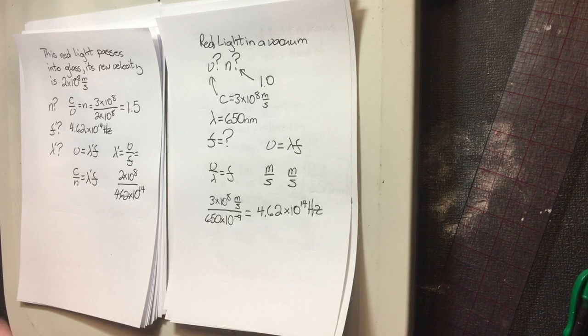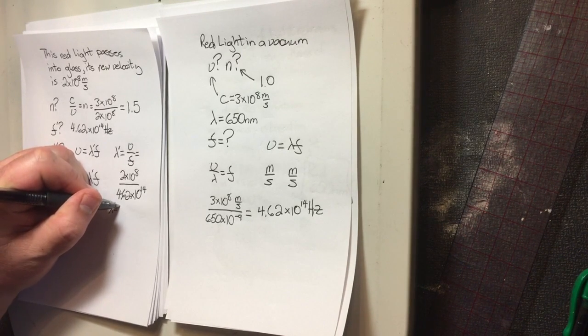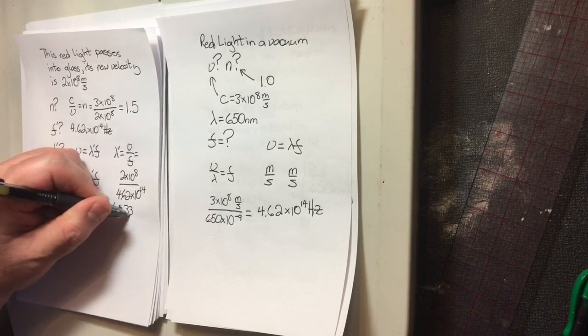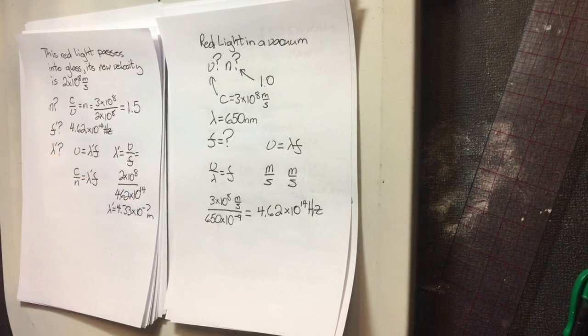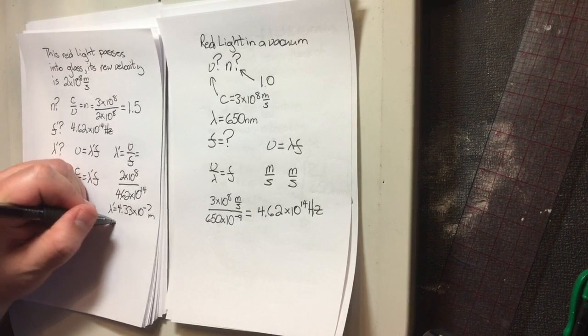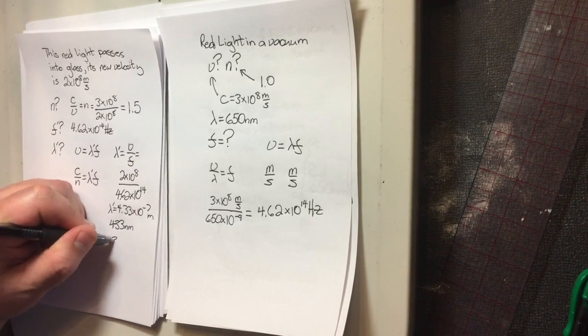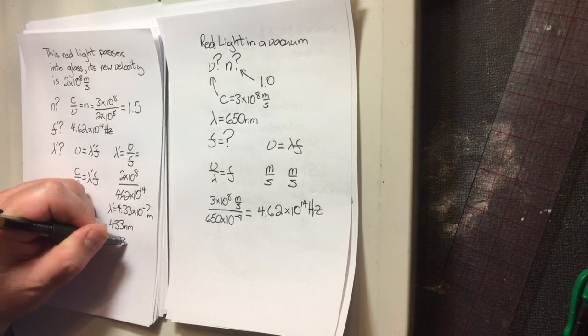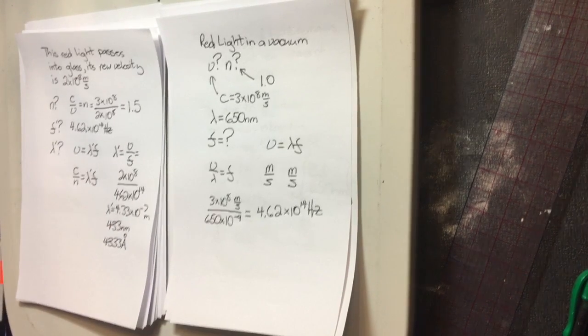And I get a lambda prime of 4.33 times 10 to the negative 7 meters, or you could write 433 nanometers, or 4,330 angstrom would be right either way.